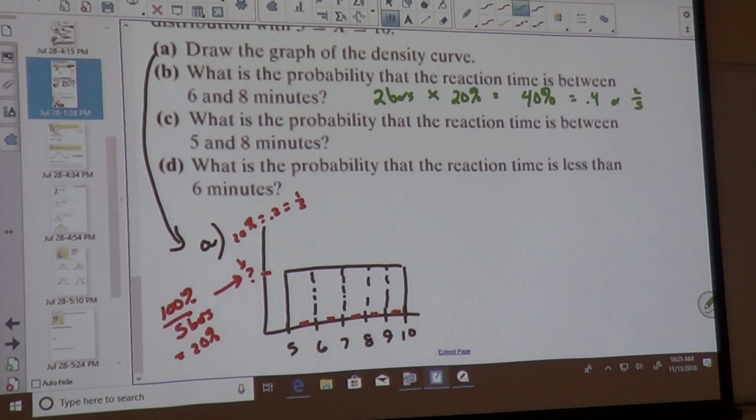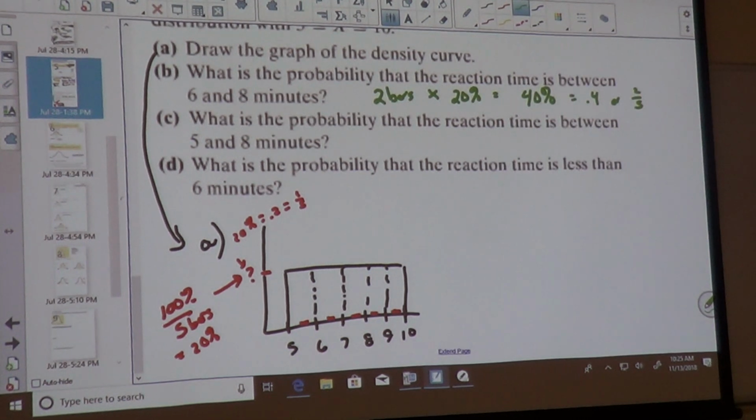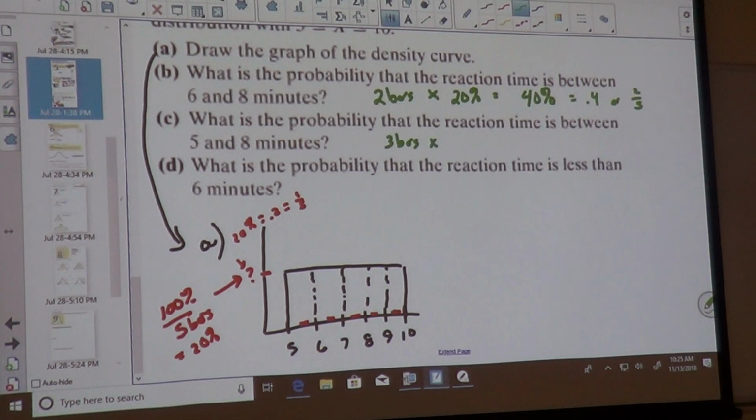What is the probability between 5 and 8? 3 bars times 20% is 60%, or 0.6, or 3/5.